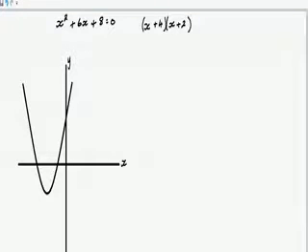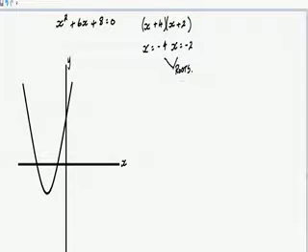Now if I was to solve this equation, all we do is we take the numbers and we change the signs. So instead of plus 4 we get minus 4, and instead of plus 2 we get minus 2. Now these are what we call the roots.